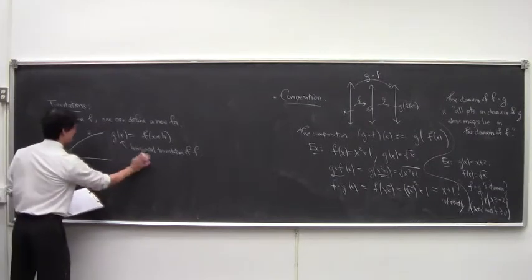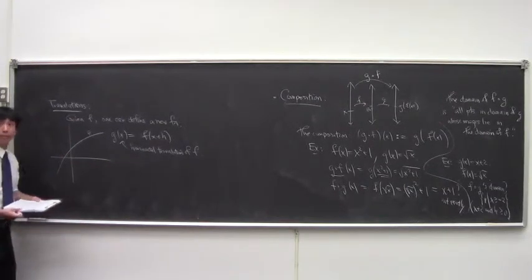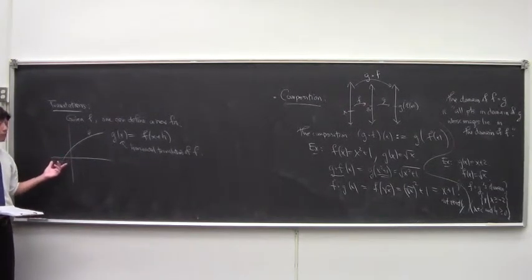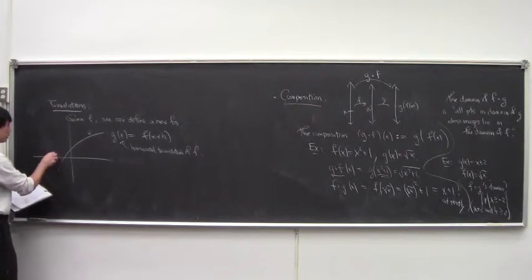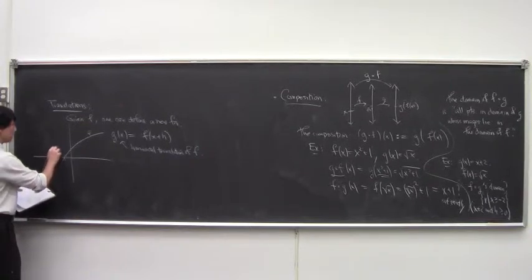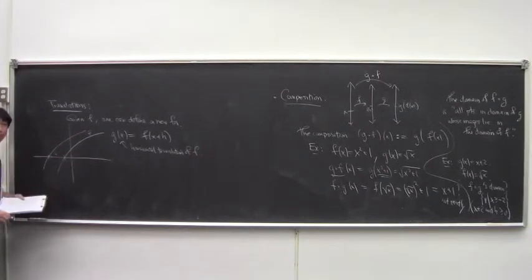So what does the graph of g look like? Madeline? It's the same graph, but h units to the left. So this distance is h here. It'll be the same graph, but just h units to the left.